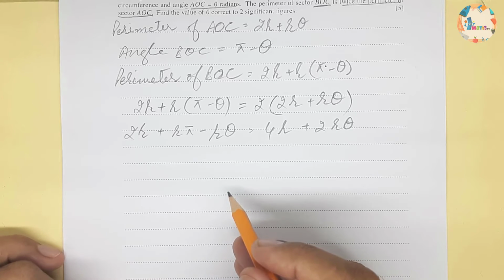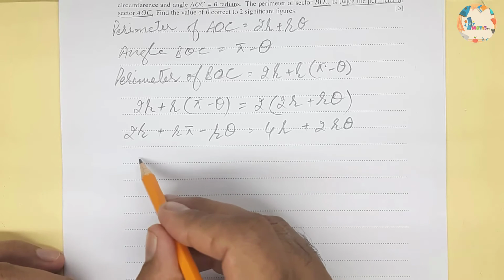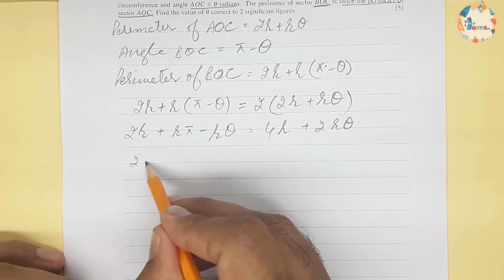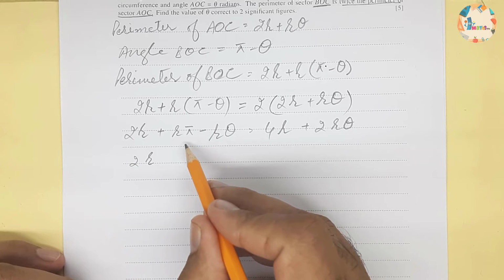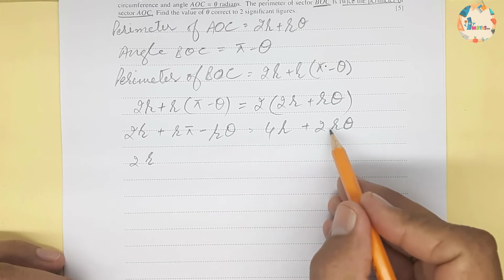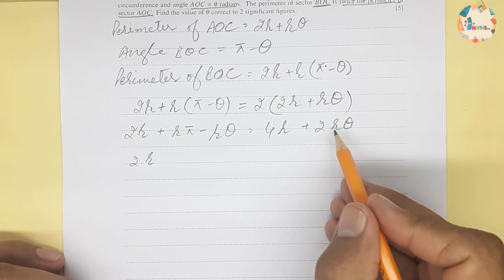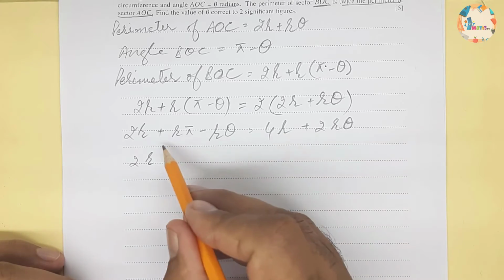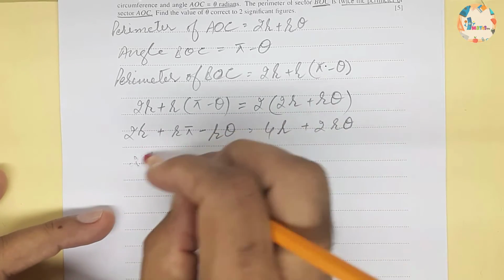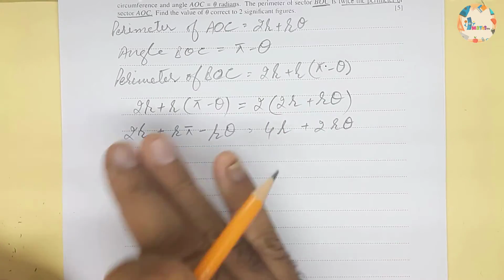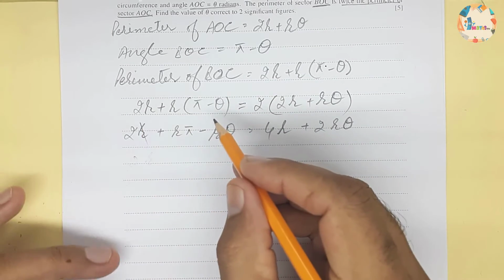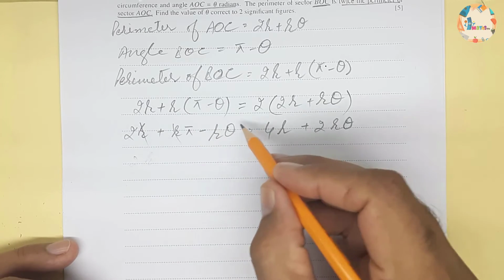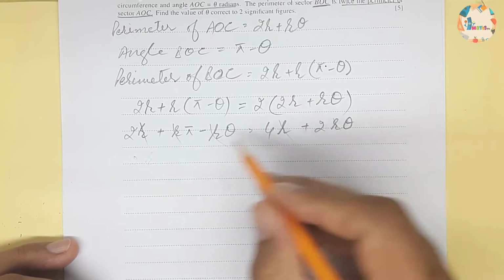Next we can simplify. Basically r is everywhere, so we can cancel r from all terms. So this r is cancelled, this r is cancelled, r is cancelled throughout.